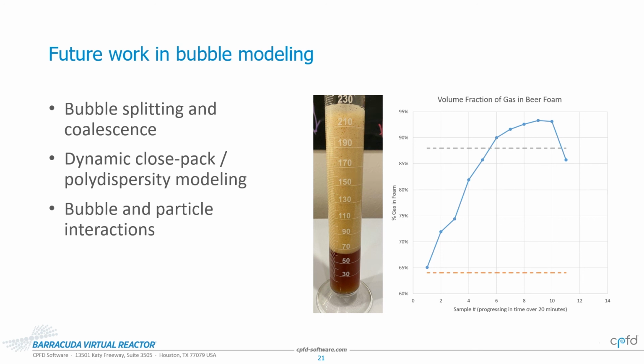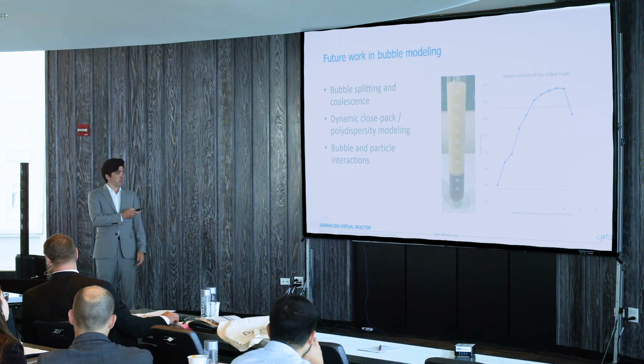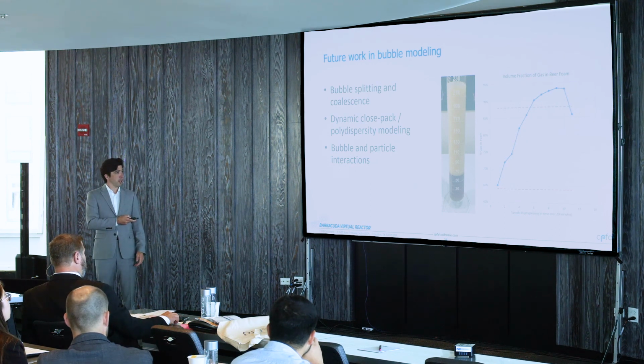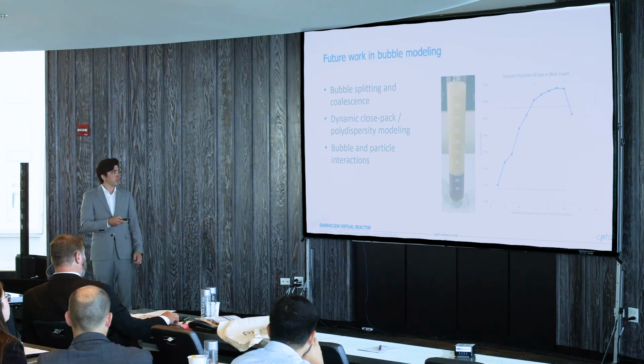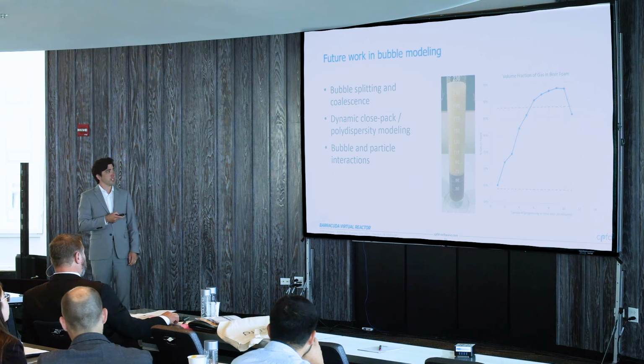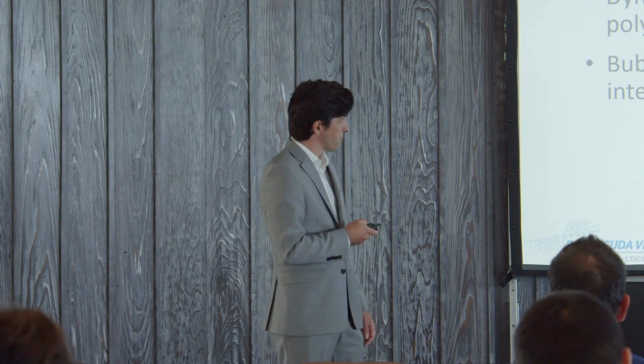And anybody that's done this experiment themselves in a glass knows that it is changing. What was interesting is that at the start, things were right around 65% gas, and the rest being film and beer within it. But over time, this increased to quite high levels, where I think this will start to be considered more of a dry foam than a wet foam.